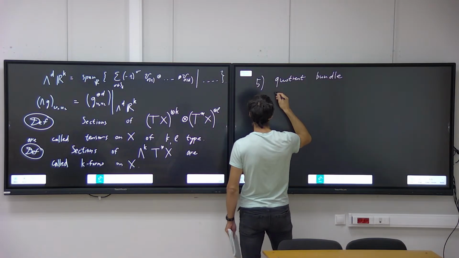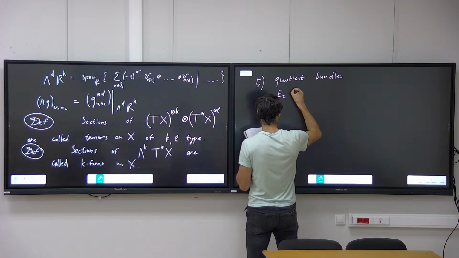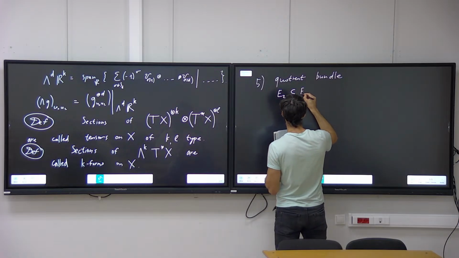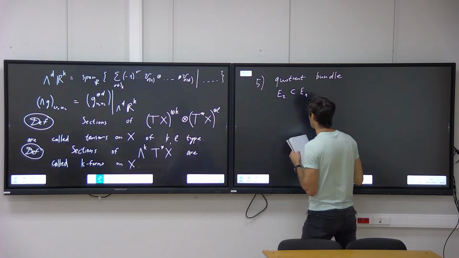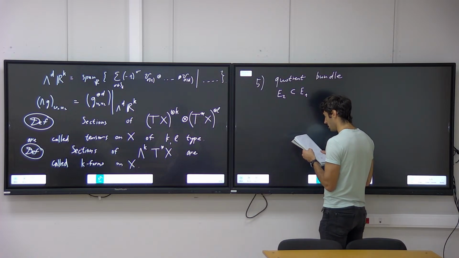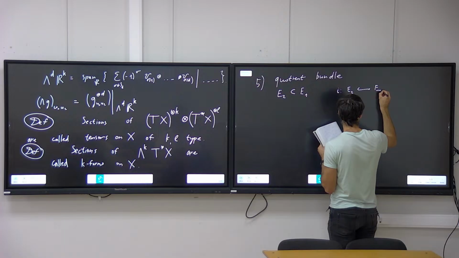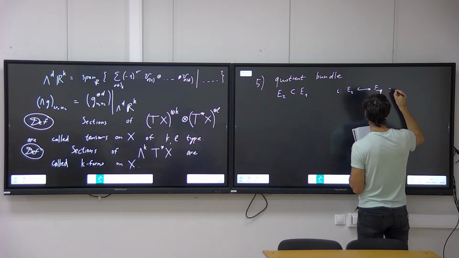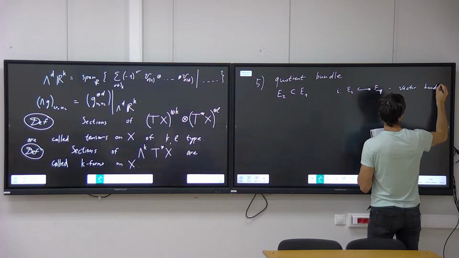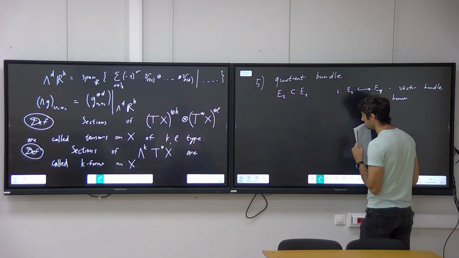So suppose that I have, again, E1 and E2, and E2, as smooth manifolds, is a submanifold inside E1, and actually I have that the inclusion is a vector bundle homomorphism. Well, injective, of course.